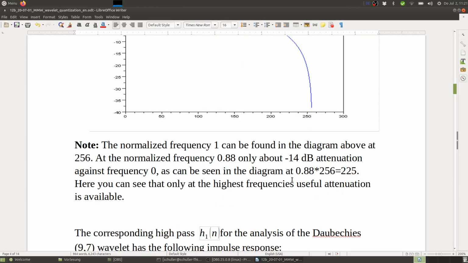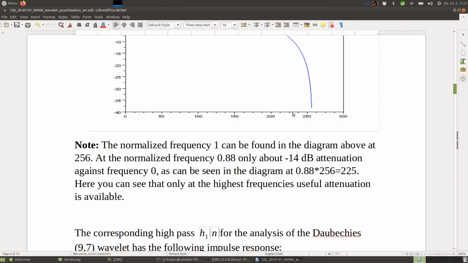Right. Or the other way around, if you look at normalized frequency 0.88, 0.88 corresponds to 0.88 times 256. So then we come to subband 225.